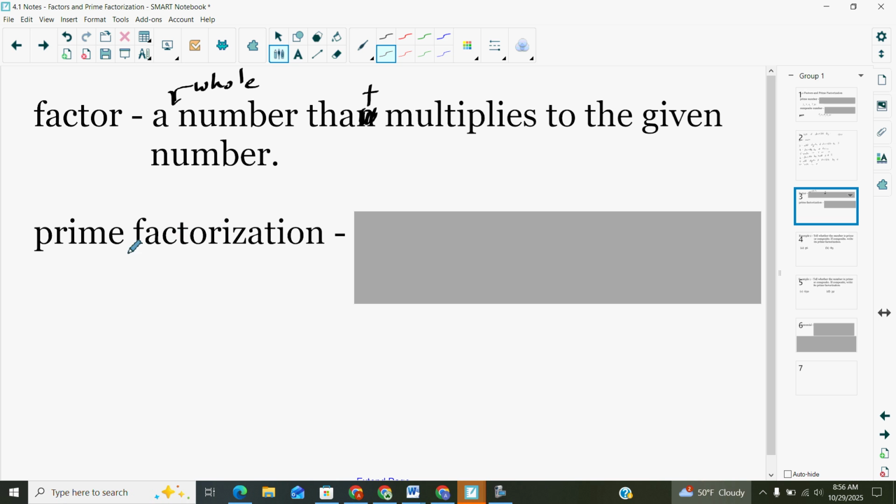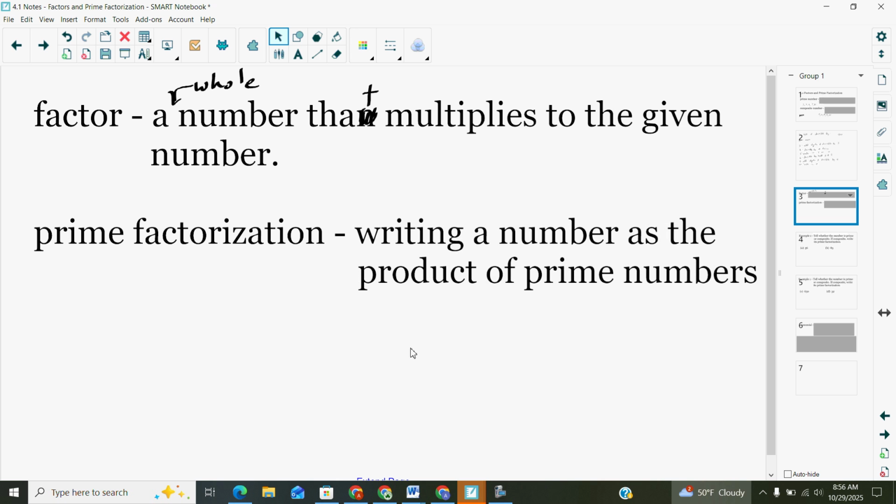And the prime factorization, so factor, we're listing out the numbers that multiply to a given number, but we want the prime ones that multiply to the given number. So prime factorization is writing a number as the product of prime numbers.